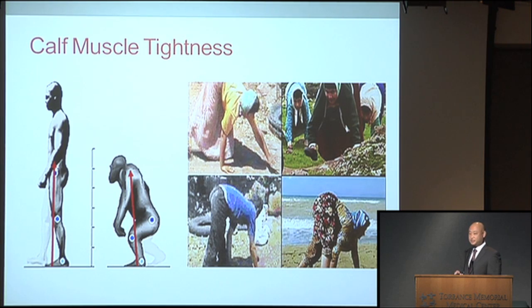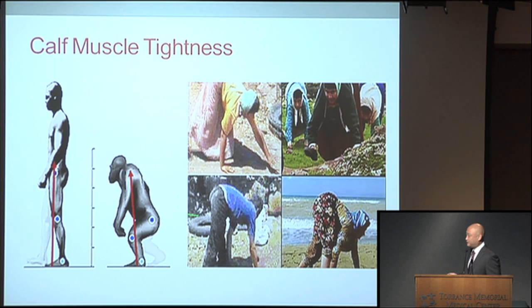The second major cause of problems, mostly around the ankle, but also in the hind foot, is calf muscle tightness. And again, we're not talking about evolution or creation or anything like that, but in order to walk on all four limbs, the calf muscle in the rear feet need to be tight in order to maintain that kind of crouched position.